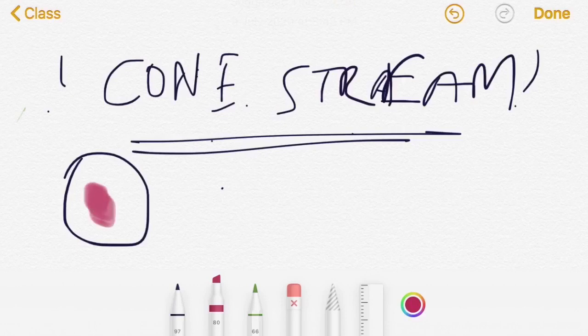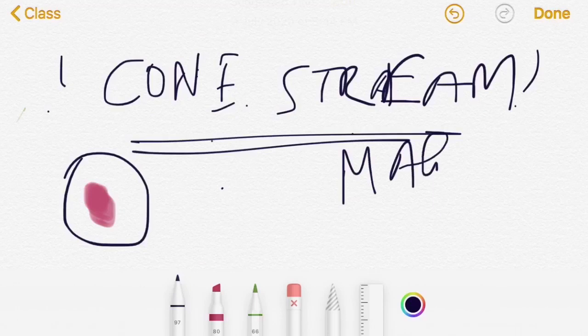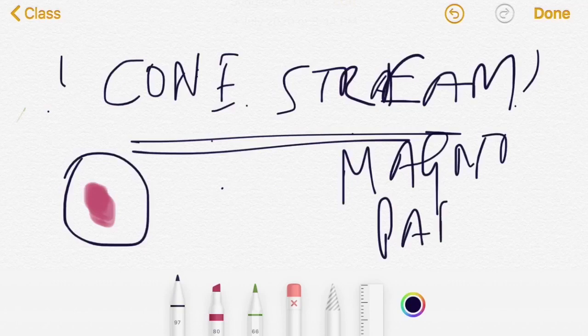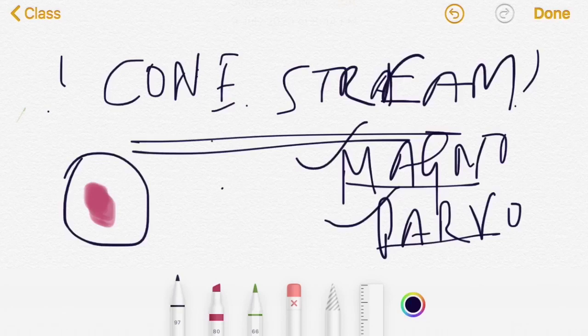You will read about these cells in the retina. There are two types of cells, the magnocellular, larger cells, and parvocellular cells, the magnocellular and parvocellular pathways. Magnocellular is larger, parvo is smaller. So, this cone stream originates from the central part of the retina, and this is formed by the parvocellular pathway.